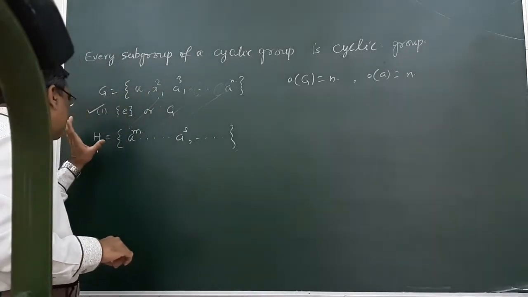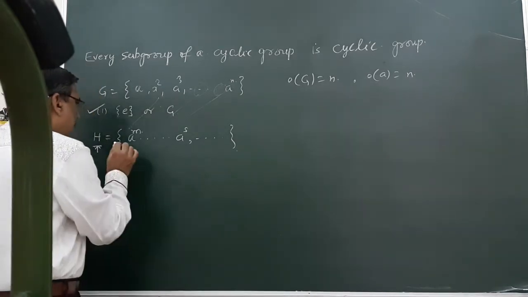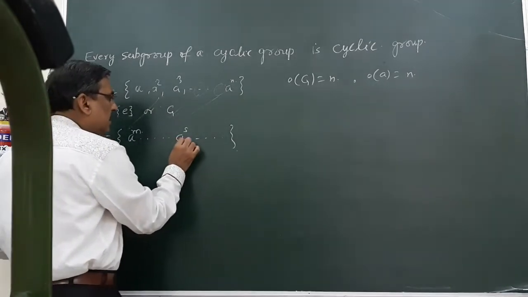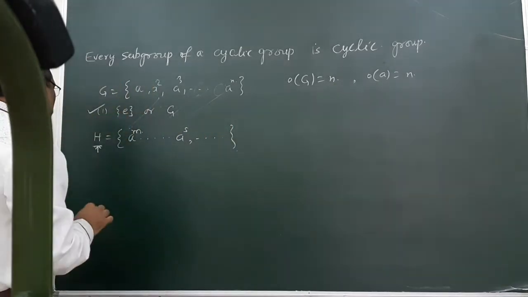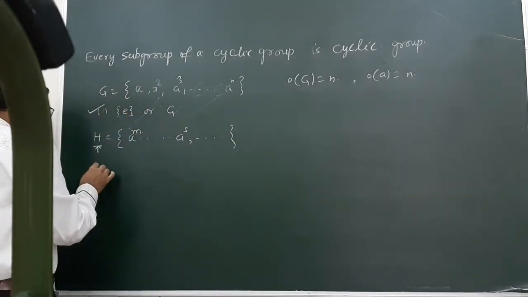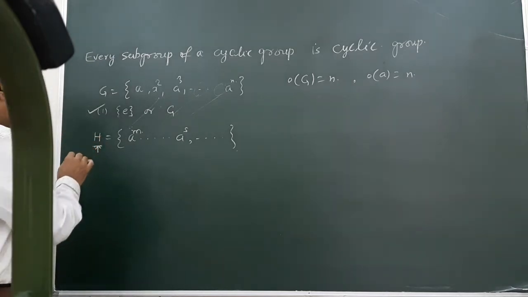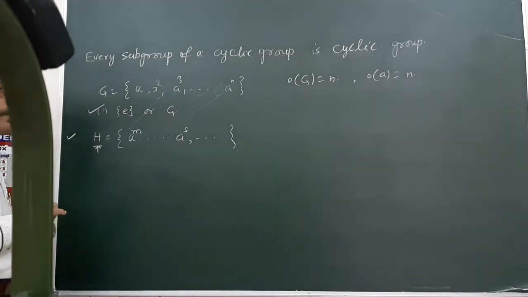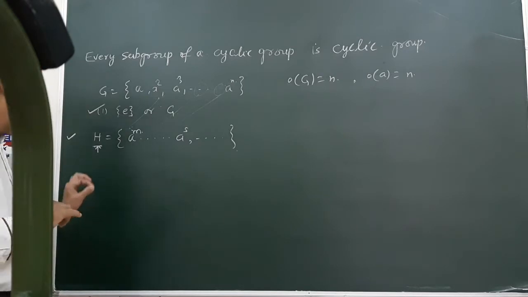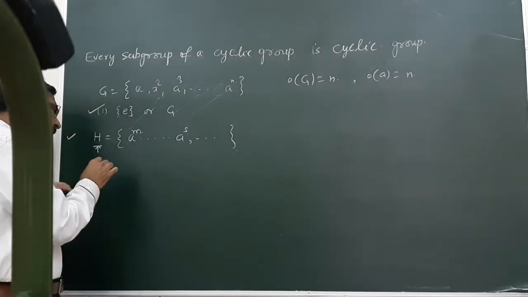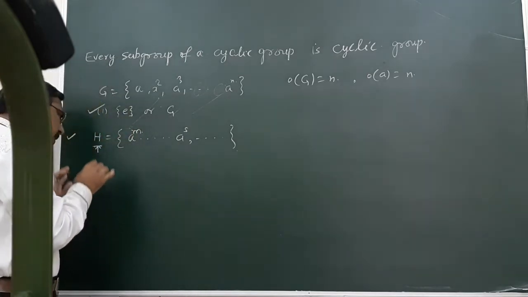Now, let us take a proper subgroup of it, whose lowest term is a^n and some term a^s lies between these. Our motto is to prove that this is a cyclic group, which means there must be a generator of this subgroup.